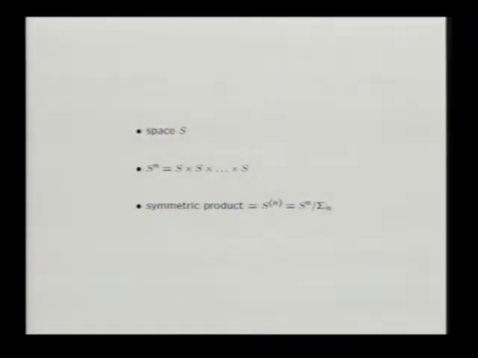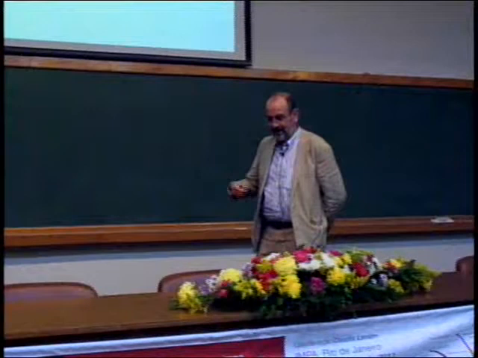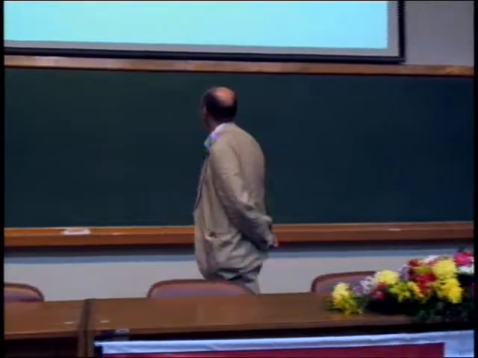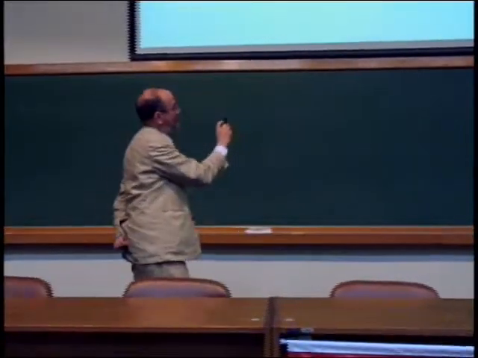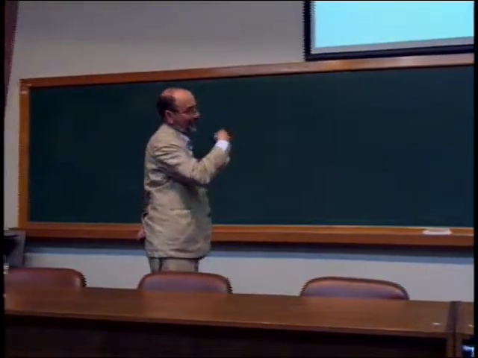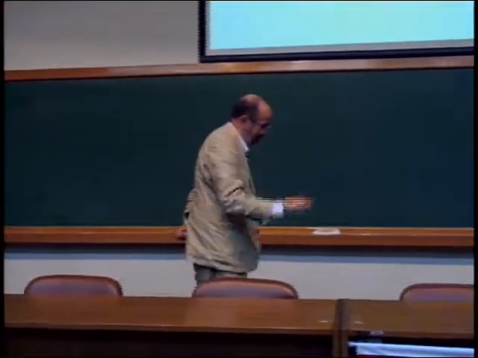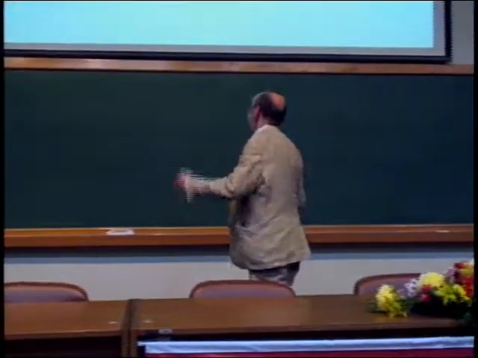So this is the Cartesian product. So this is the set of ordered n-tuples in the set S. And if I take the quotient of that by the symmetric group, then I'm getting the unordered ones. So the symmetric product is this quotient space here, the space of orbits under the action of the symmetric group.